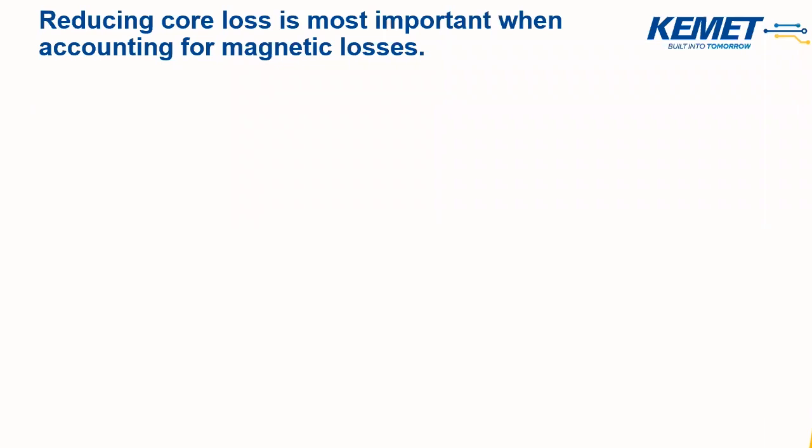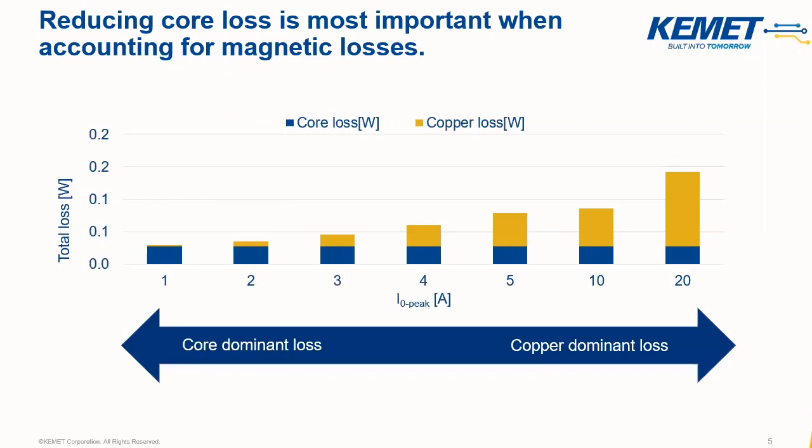So when we take a look at losses, you've got core loss and then you've also got conductive loss. Let's take a look at two circuits. One of them is a resonating circuit where you're switching between positive and negative in a sinusoidal fashion.